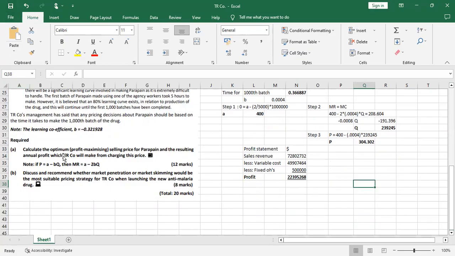First one is the optimum selling price, second one is the optimum quantity, third one is the value of profit. So this is the optimum quantity, this is the optimum selling price, and this was the requirement of the question to calculate the value of profit. Right, everyone? Any question?